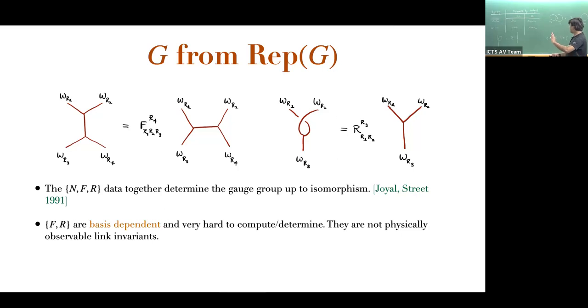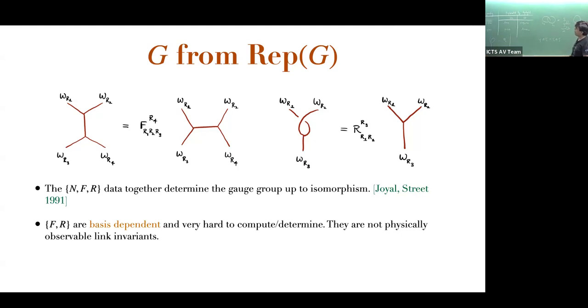What I really mean in this context is that there are some bases that we have to choose on the Hilbert spaces associated with these vertices. And that is the dependence that I'm talking about. It is called a gauge dependence in the condensed matter literature. Because these are dependent on a basis, we cannot get it from some link invariant. That's all I wanted to say.